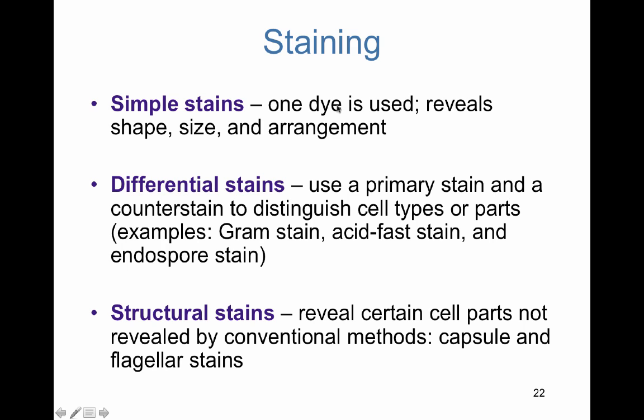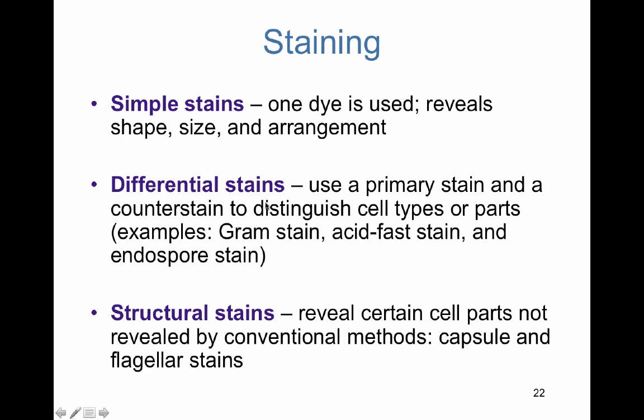This is just one dye. It's an easy protocol. For the online crew, you're going to see that the simple stain will take the least amount of time. You use methylene blue, there are a couple of washing cycles, and you can look at it right away.